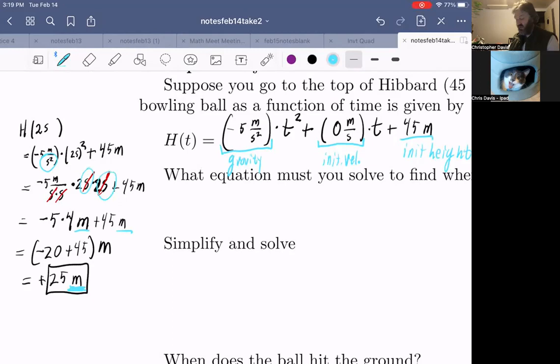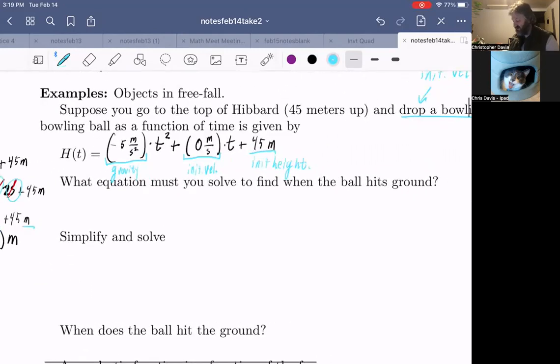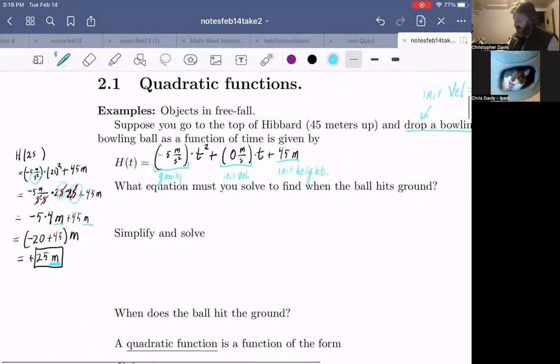Okay, nice. Oftentimes, especially when the units all look consistent, and in this case they are, all the time is measured in seconds, all the distance is measured in meters, we'll write this without units.